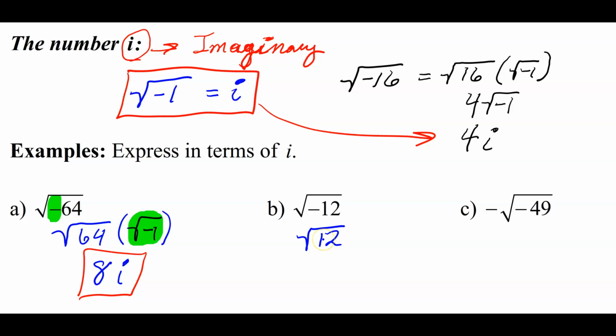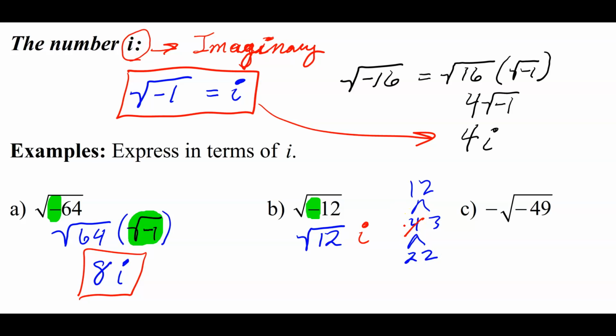Now, if I have a not perfect square like 12, I do the same thing, radical 12, because that's what I can simplify and evaluate. The negative, once again, I can just put in as i, all right? So 12 factoring is 4 times 3. 4 is 2 times 2.